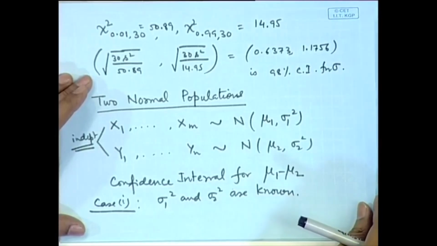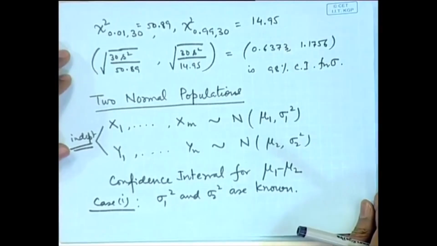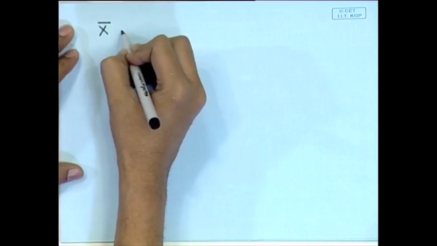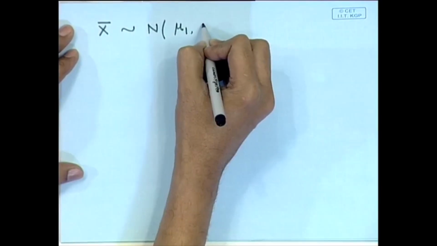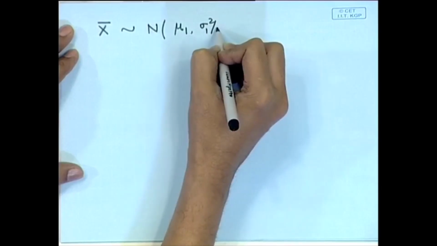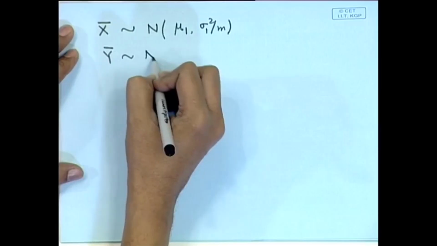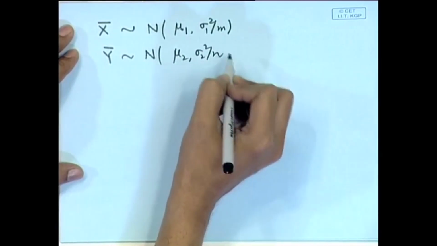So, in this case we take help of the sampling distribution of x bar and y bar. So, x bar follows normal mu 1 sigma 1 square by m. If we consider y bar, then that will follow normal mu 2 sigma 2 square by n.